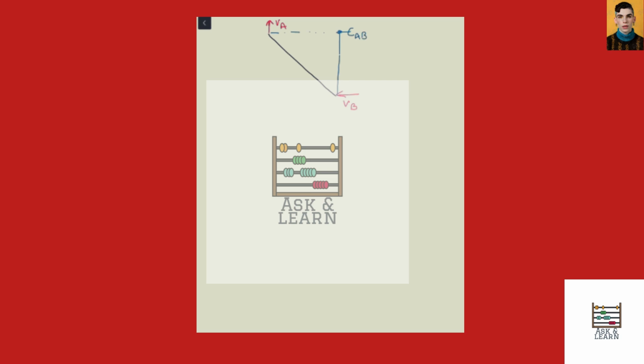So say this is C_AB. This point is A and this point is B. And from here we have velocity of point D along this direction, VD. And this is our value 3, 4 and this is 5 from the geometry.